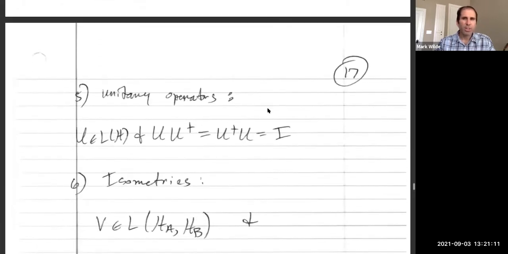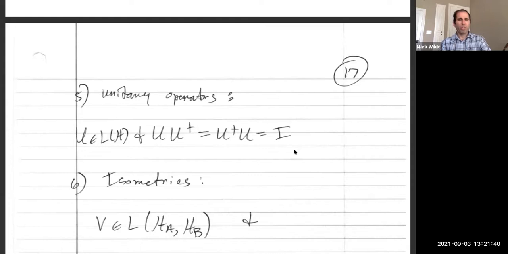Okay, another class of operators that are important are unitary operators. This is how they're defined, and we talked about them earlier. They're ones for which their inverse is given by the conjugate transpose. And these are important because they correspond to evolution of a closed system, right?